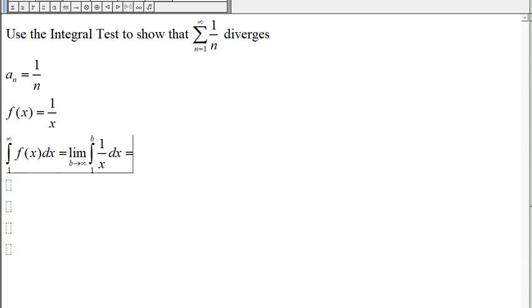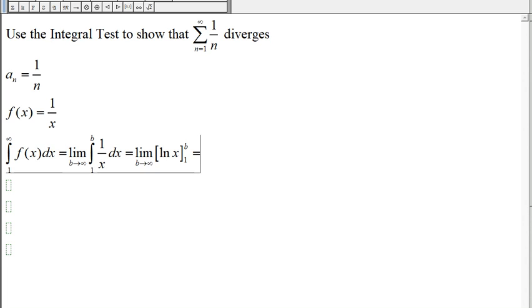And so now we have the limit, and the antiderivative of 1 over x is ln of x. We need to evaluate this from 1 to b.